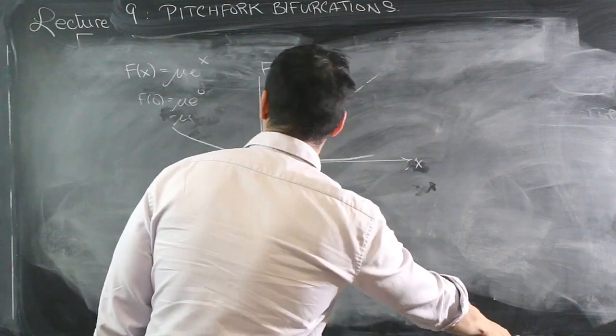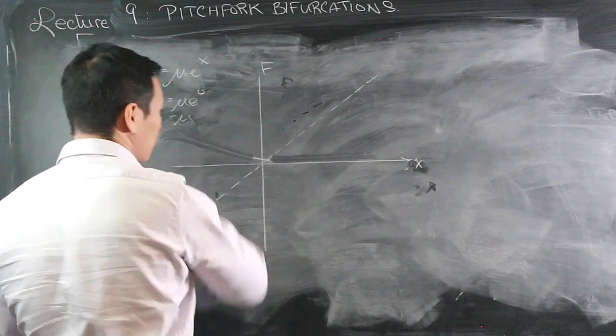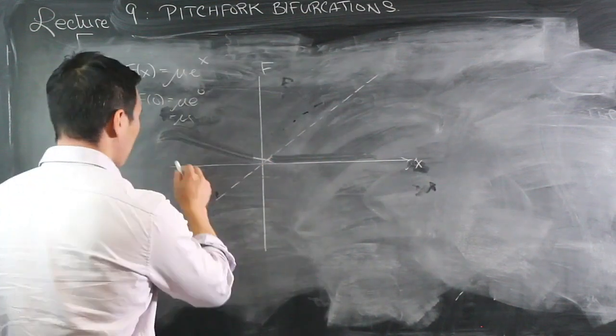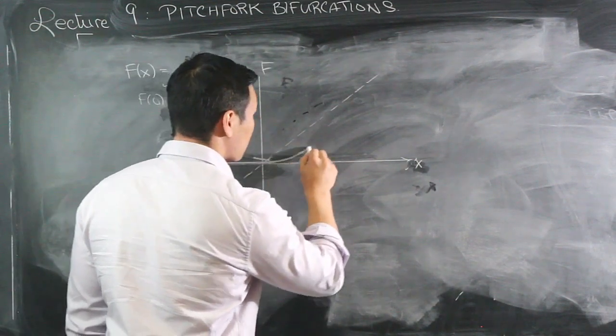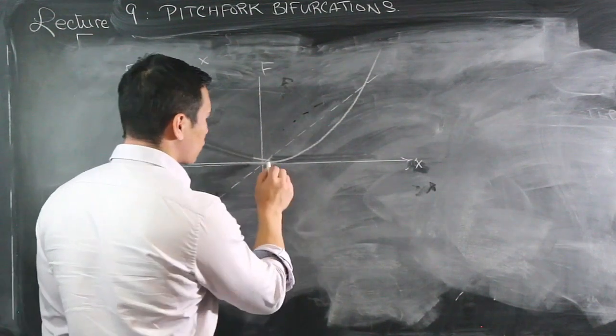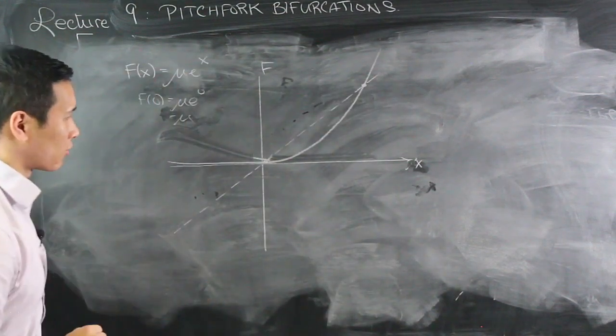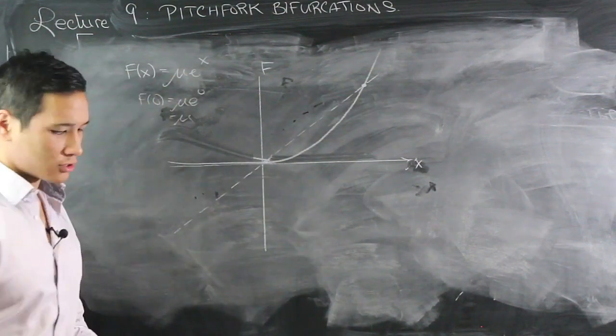I'm doing exponential growth, not exponential decay. Okay. So when mu is small, you have this. And you can be assured that there should be 2 points of intersection, one on the right and one that comes out of the origin.